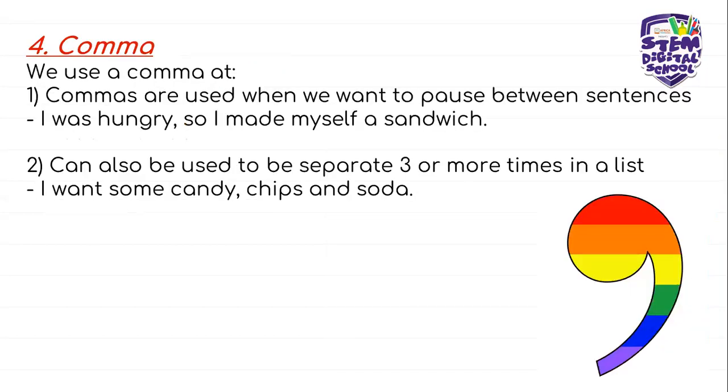The next one we use is a comma. We use a comma when we want to pause between clauses. So, I was hungry, so I made myself a sandwich. Or, I went outside, but it was extremely cold.